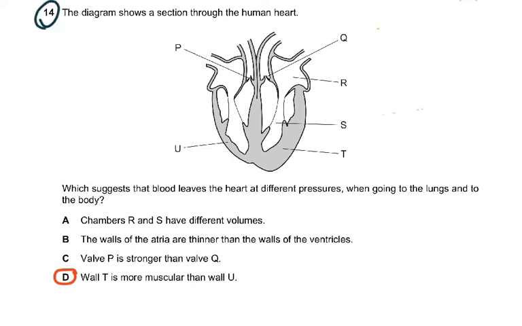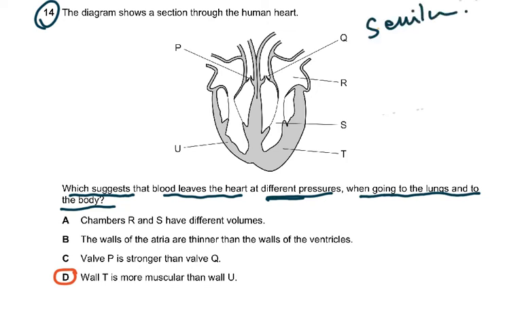Question 14. The diagram shows a section through the human heart, which suggests that blood leaves the heart at different pressures when going to the lungs and to the body. Now, actually, what are all these? Q, as you all know, is a semilunar valve. R is the left atrium.